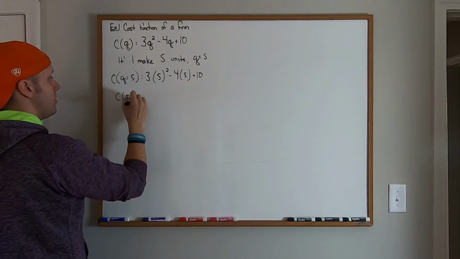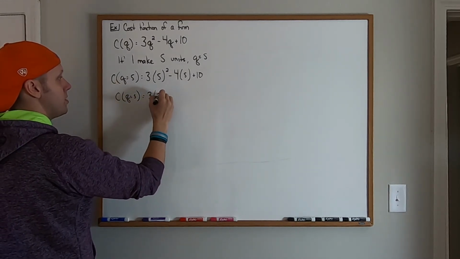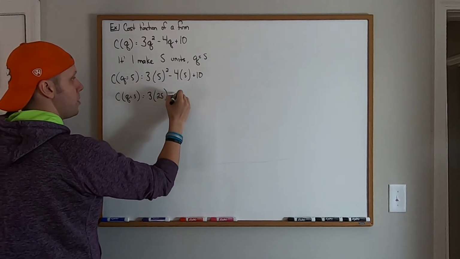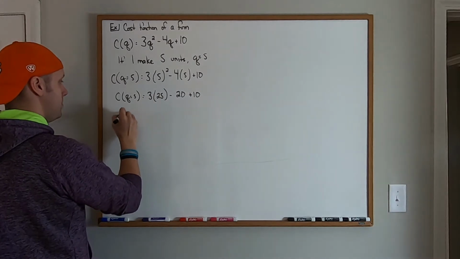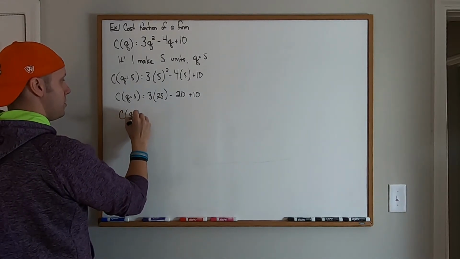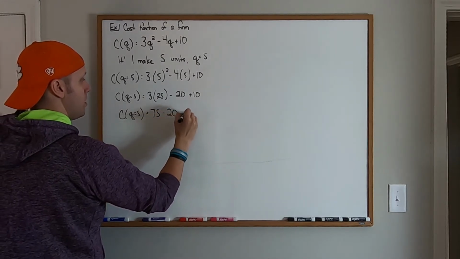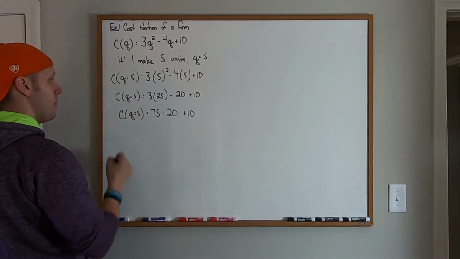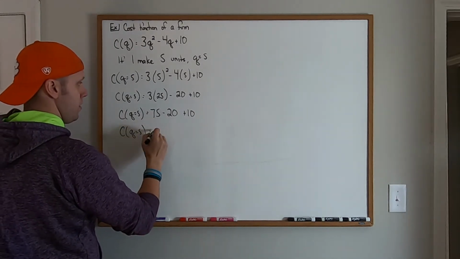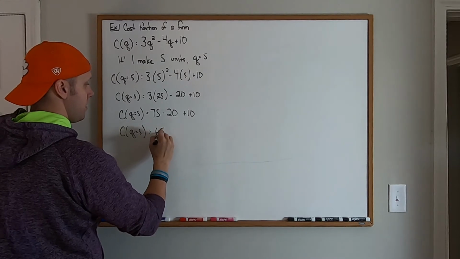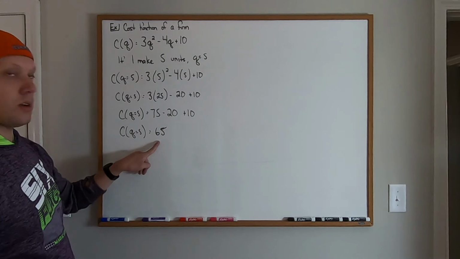That is 3 times 25, which is 75, minus 4 times 5, which is 20, plus 10. 75 minus 20 is 55, plus 10 is equal to 65. So the cost of producing 5 units is going to be $65.